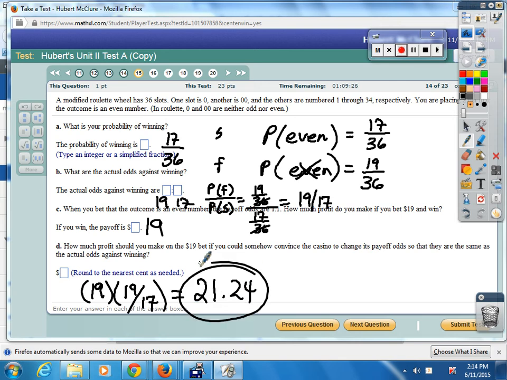Now remember, I told everybody that when you type the answer in, don't think about the profit. Change that to payoff. The payoff, the horse race people are going to pay you off how much? $21.24. So $21.24 goes here. If you think of profit, what are you going to put down? You're going to put $2.24. You're going to get it wrong. Okay? So let's type those answers in.